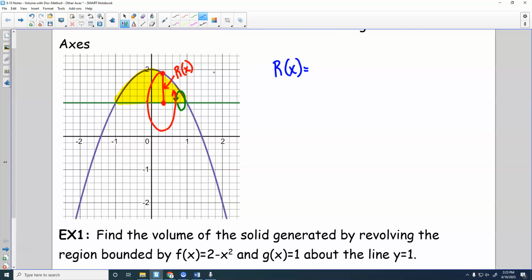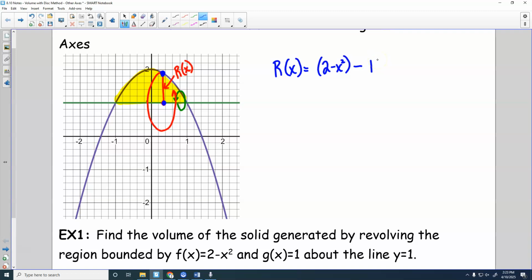A lot like we did with our S values whenever we were doing the cross sections, we want to take that radius and think about which function we hit at the top of that line. And so that is 2 minus x squared, minus whatever we hit at the bottom. And what we hit at the bottom this time? 1.